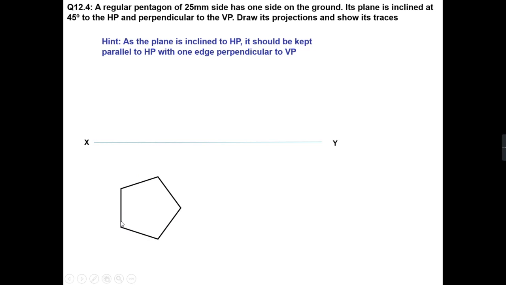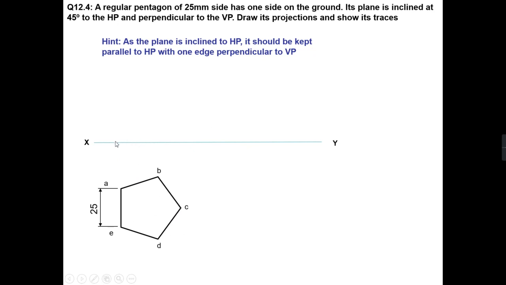So after getting the pentagon, this is the dimension. It is having a dimension of 25 mm. Okay, you should also write the mm beside the 25. Then I will name all the points like A, B, C, D, E, or you can also name them 1, 2, 3, 4, 5. Then after naming these points, I will get the front view of this pentagon.